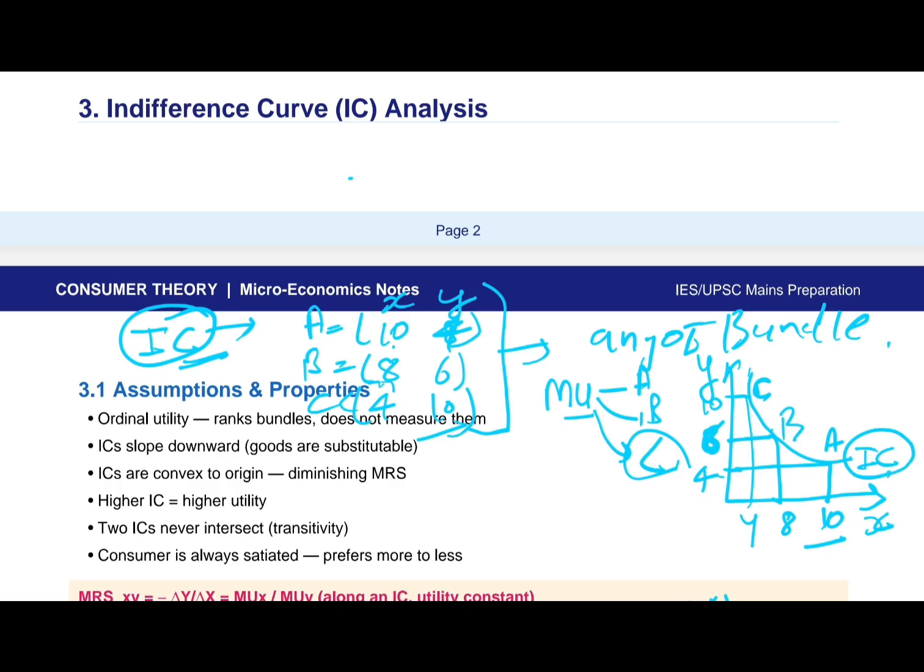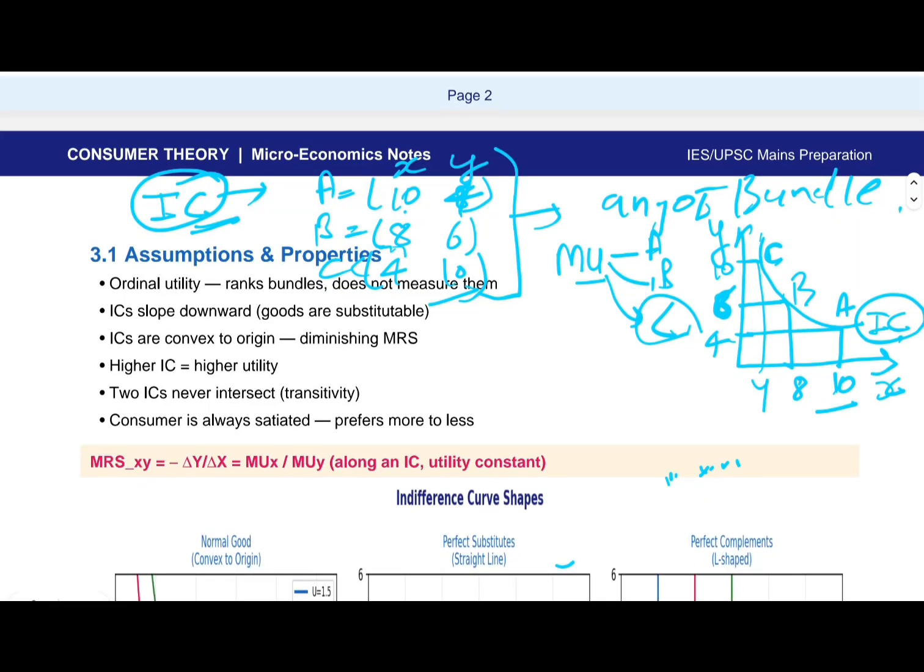There are some properties of the indifference curve. The first property is that the indifference curve is downward sloping. Why is it downward sloping? Because our marginal utility of money is constant, because we have a constraint.